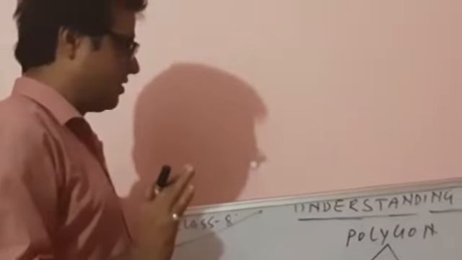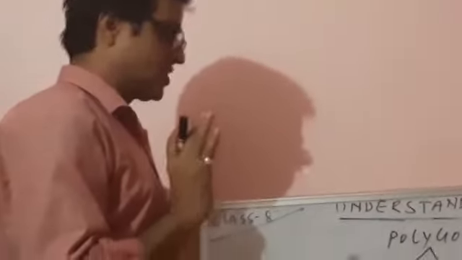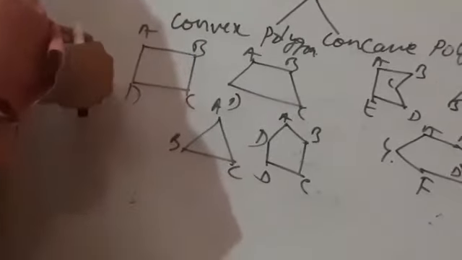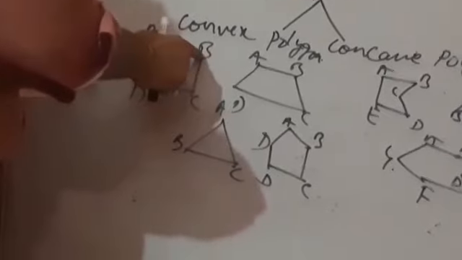I just want to make it clear, you are all not having any problem with the vertices. A, B, C, D, they are the vertices. And how are they pointing? These vertices are pointing outside.